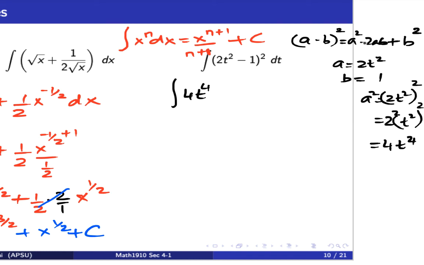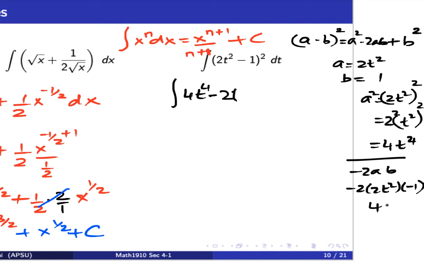Now, minus 2 times ab. So it is minus 2 times 2t squared, which is basically a. So let's do this math here. It's minus 2ab: minus 2 times 2t squared times 1.